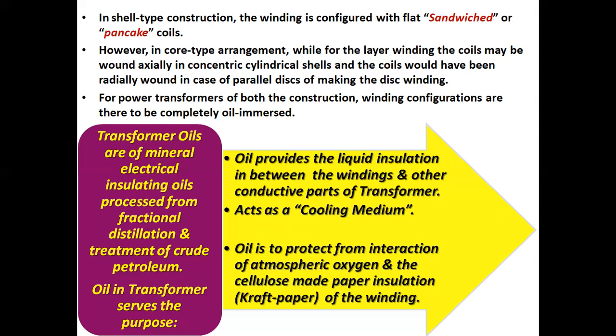One, oil provides the liquid insulation between the windings and other conductive parts of the transformer. Number 2, it acts as a cooling medium. Number 3, oil protects against interaction of atmospheric oxygen and the cellulose-made paper insulation, kraft paper, of the winding.